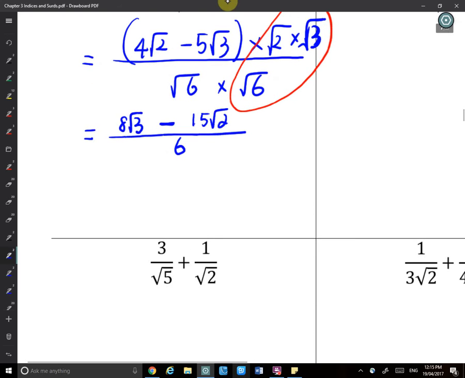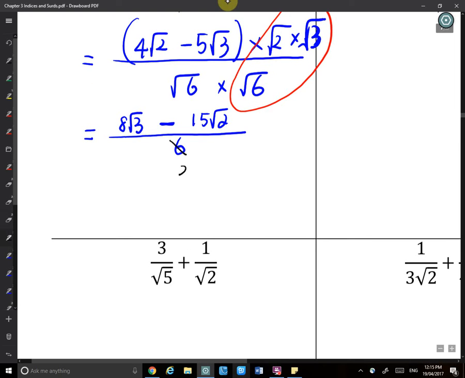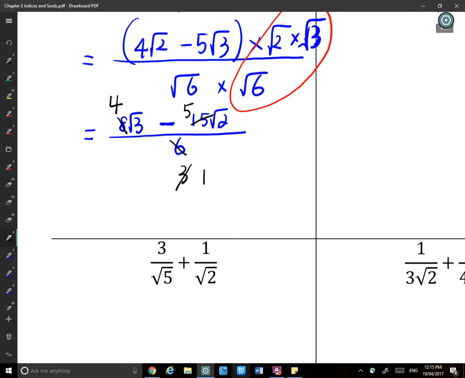Can I do this? No. Remember, if I want to cross out a number, it must be crossed out from every single term. 8, 15 and 6 don't have anything in common, so I can't do that. That's the final answer. I can't simplify it.